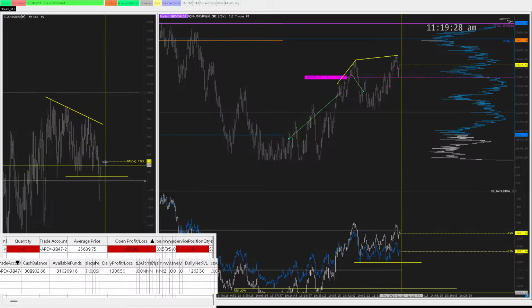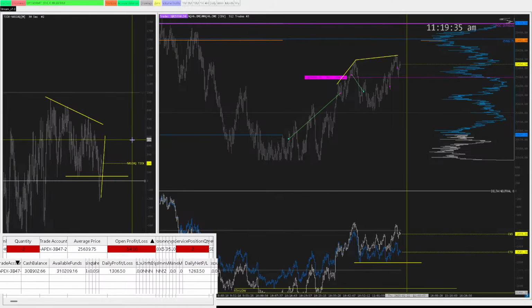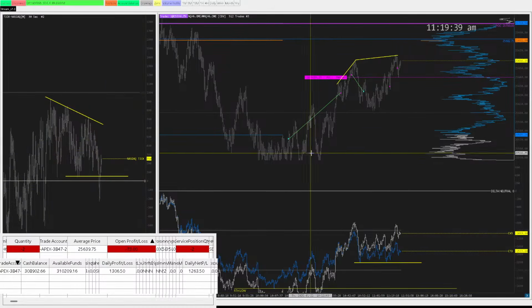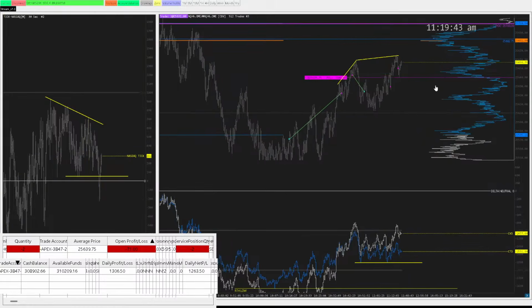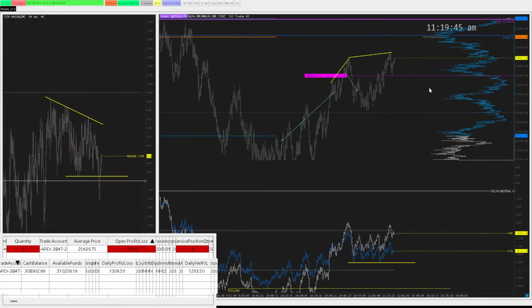Do you see how the tick's pushing up? You want to let it push back up into here before you add. I added on the break, and I should have added on the pullback. So, just a tip from my experience with trading the tick.